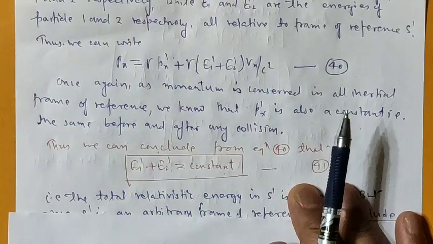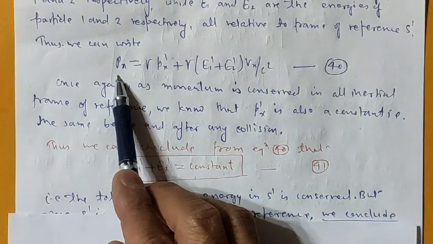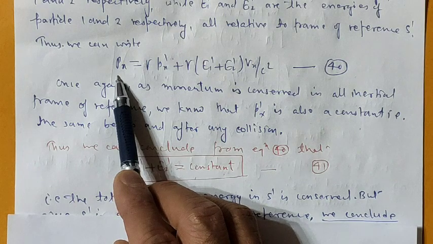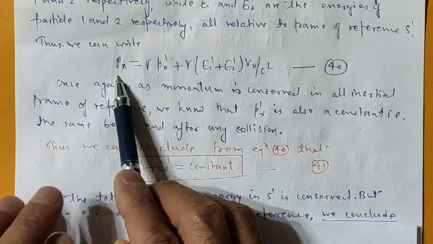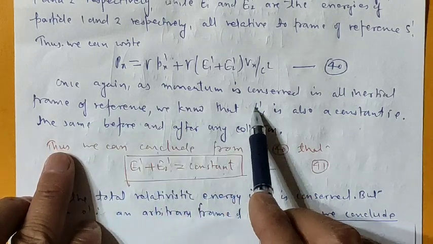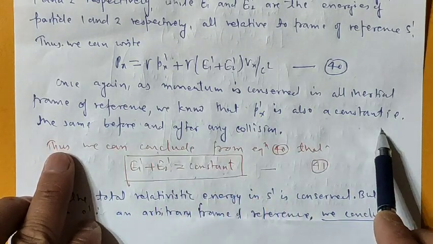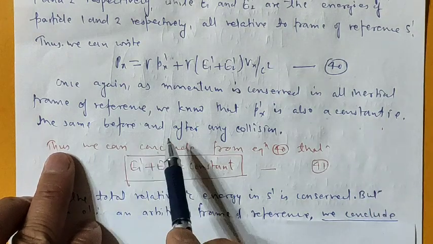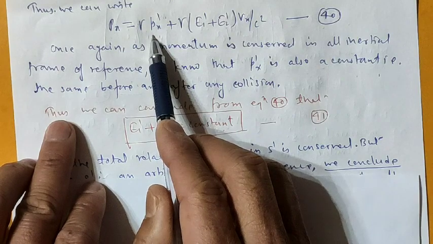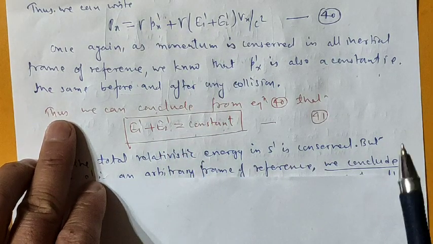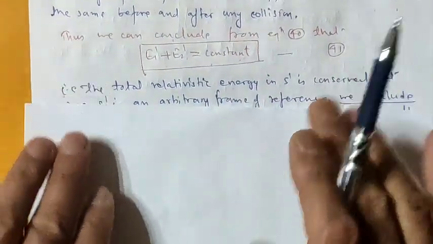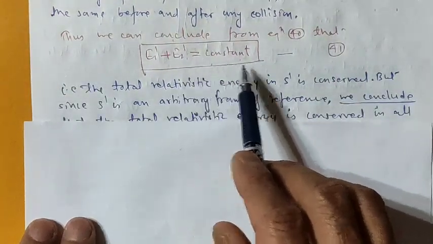So what we are saying at this juncture is that P1x plus P2x before the collision is a constant, and momentum is conserved in all inertial frames of reference. We know that Px prime, that is P1x prime plus P2x prime, is also constant, the same before and after any collision. From this equation we conclude that E1 prime plus E2 prime must be constant.